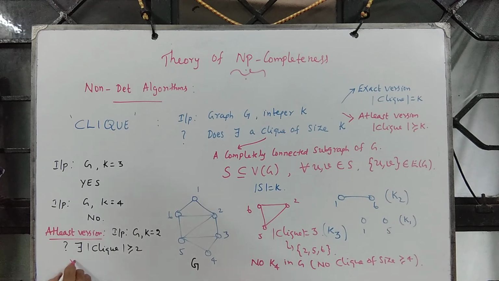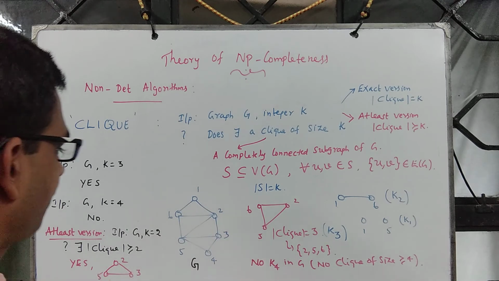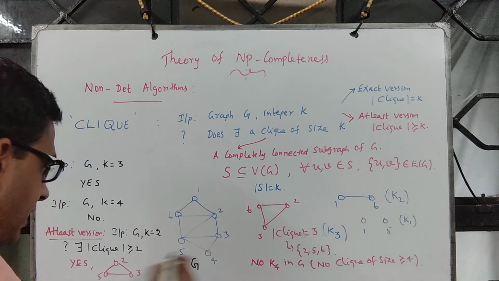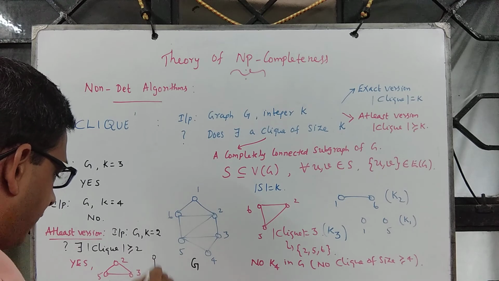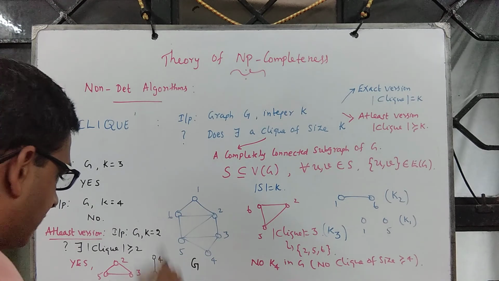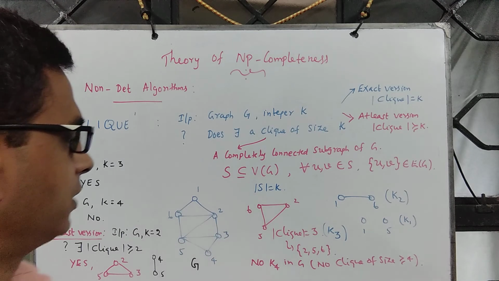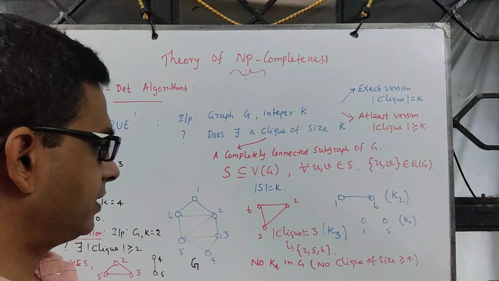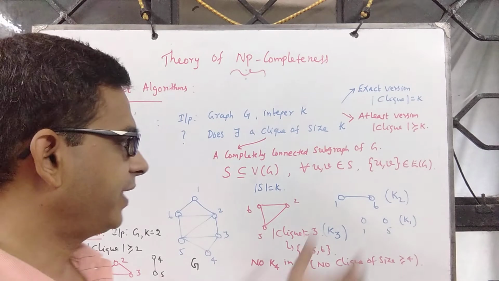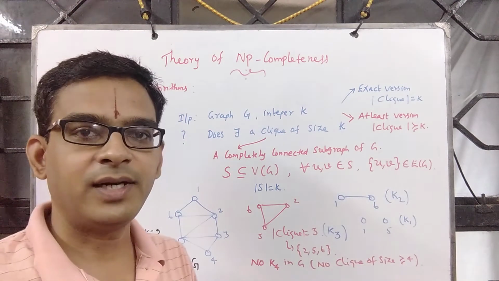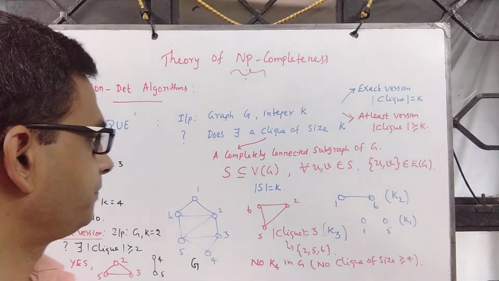The answer is yes. Reason: say 2, 3, 5 forms a clique of size at least 2. And not just that, look at 4, 5, they form a clique of size 2. So it's a subset of vertices which is fully connected. You look at a pair, there is an edge between them.